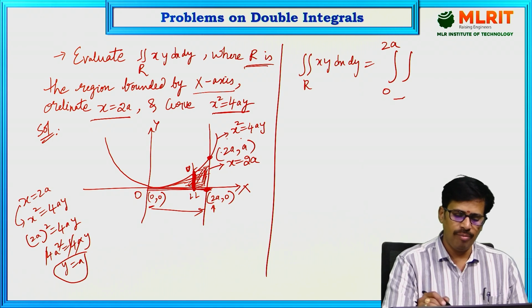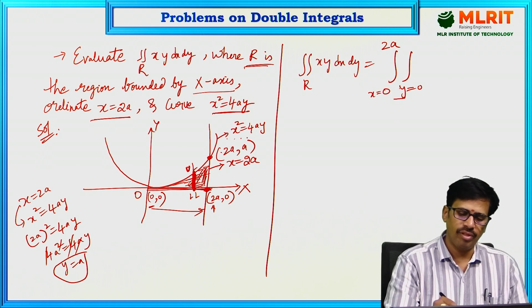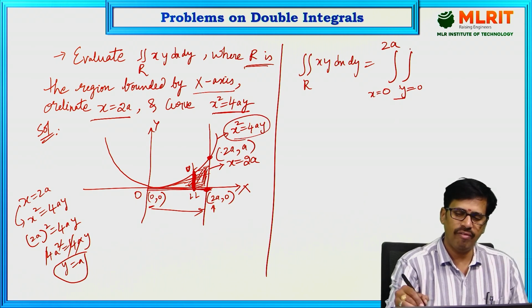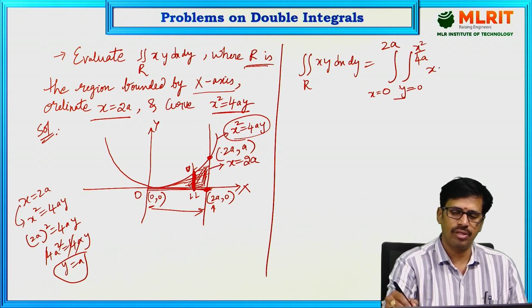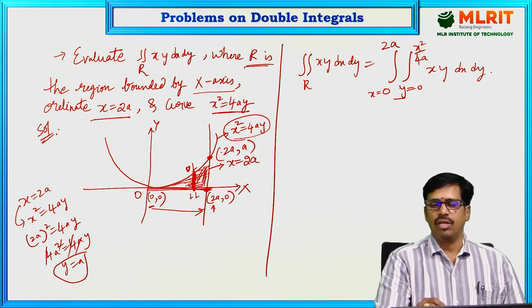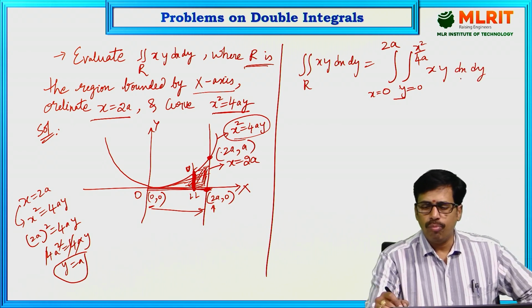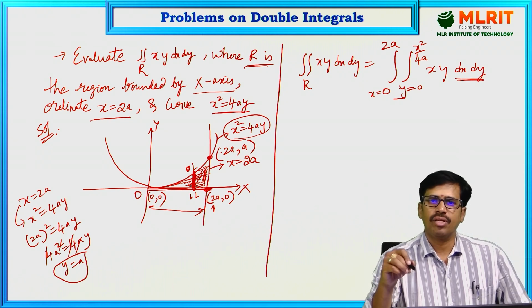So what are the limits? Lower end touches x axis means y equal to 0. Another end touches the curve. From this, I want y value, which is given by x square by 4a, right? And the function is xy dx dy. Now you don't bother about whether it is dx dy or dy dx.